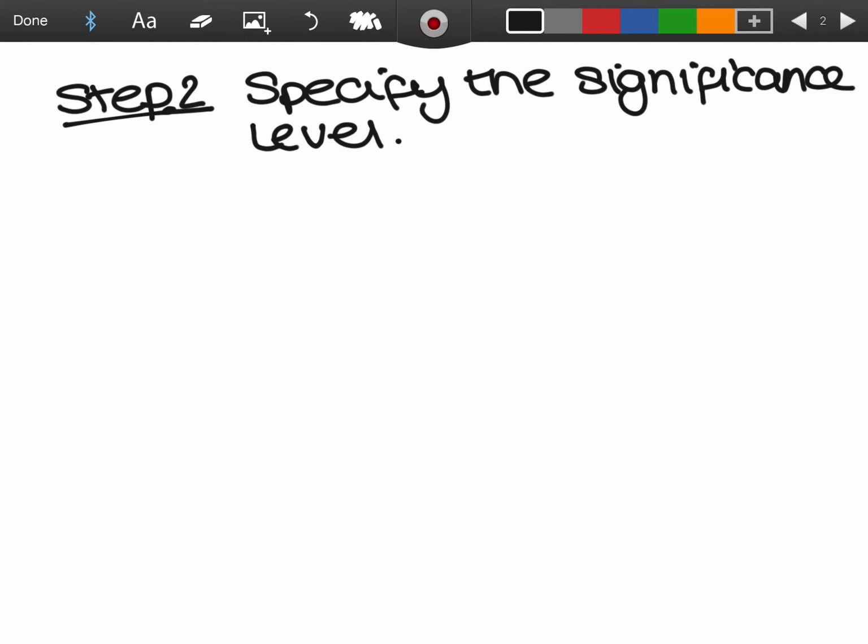What that means for us when we conduct the test is that we want to end up rejecting the null hypothesis, in this case, 5% of the time. So our significance level, we always call it alpha, is 0.05. That means that we want to reject our null hypothesis 5% of the time.